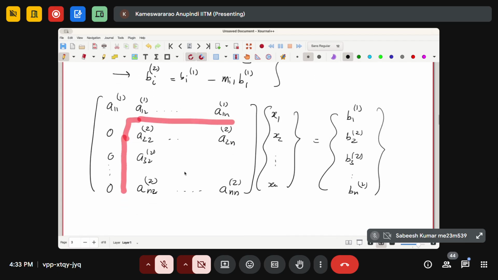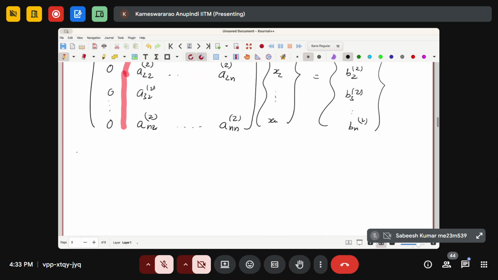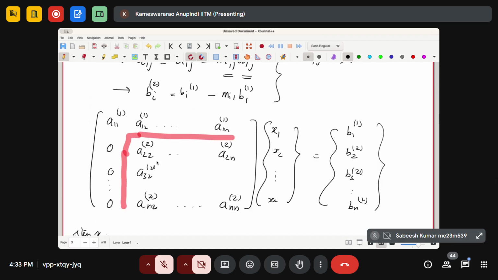Okay, then I can essentially do the same thing for step k. That means I have moved from step 1, that is row 1, to step k. When I did step 1, 1 was the pivot row. When I do step k, k would be the pivot row. That means I have to define again so many multipliers, and my multipliers would be m. Earlier I had defined my multipliers mi1.